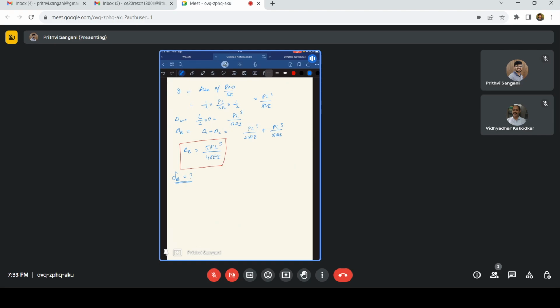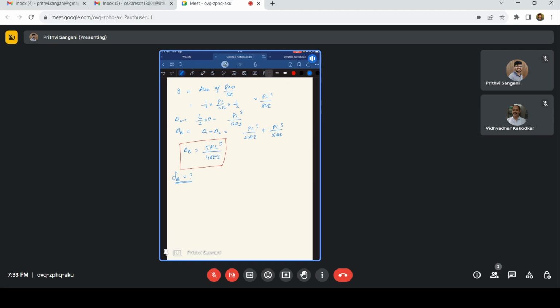So what is displacement in the moment area diagram? The intercept is directly the displacement. The intercepts are nothing but the moment of the area at the point of interest, right? So this is my point of interest. So this is my area.